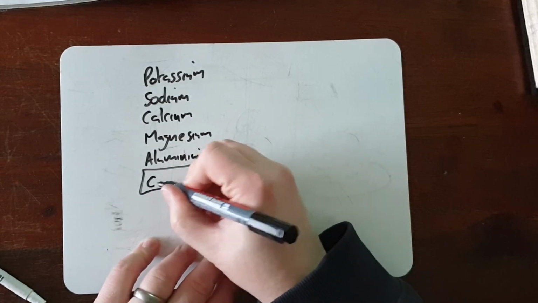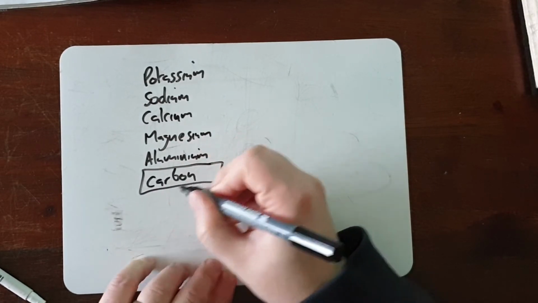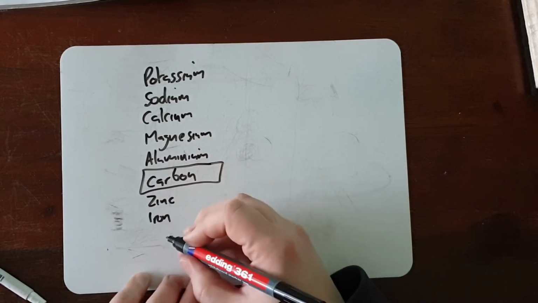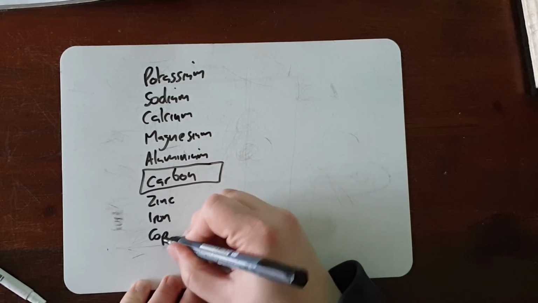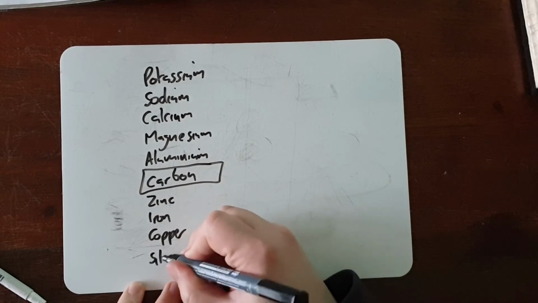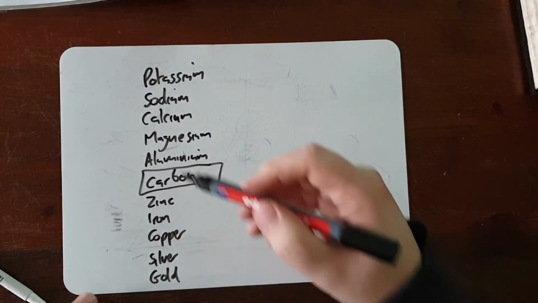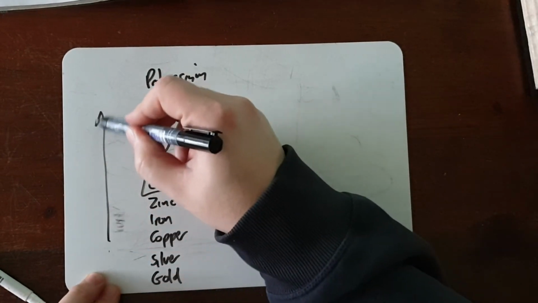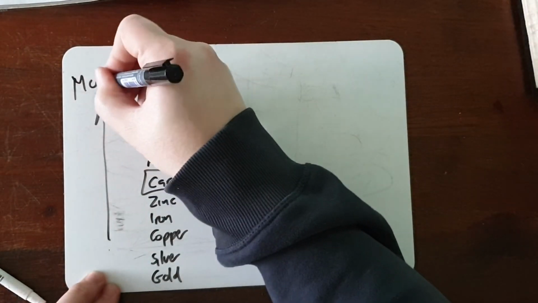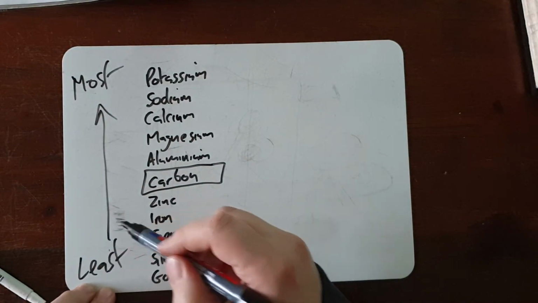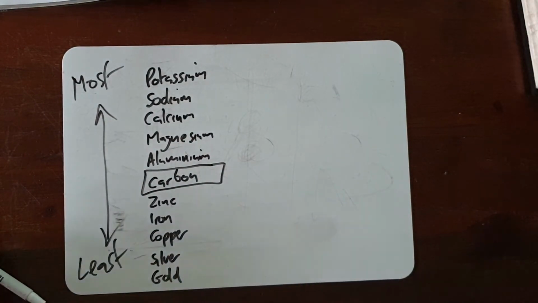It's not a metal, but I'm putting it here for a reason. Carbon, and then zinc, iron, copper, silver, and gold. Okay, and at the top we've got the most reactive, and at the bottom we have got the least reactive.